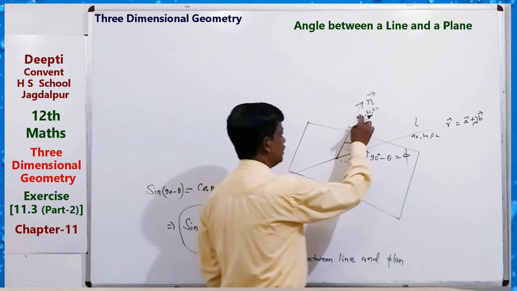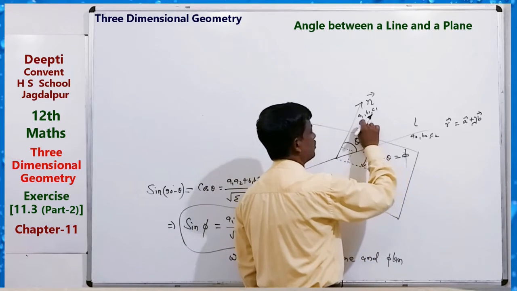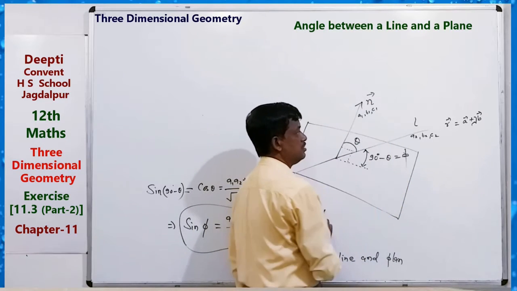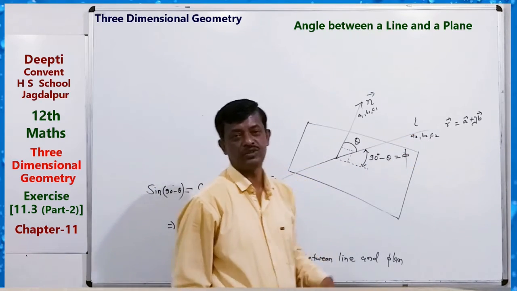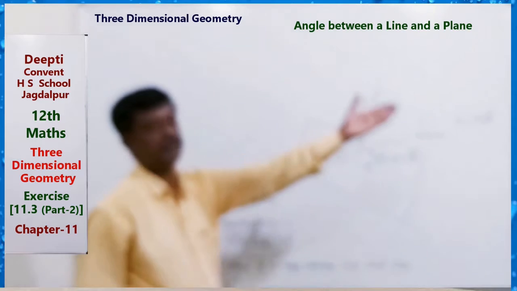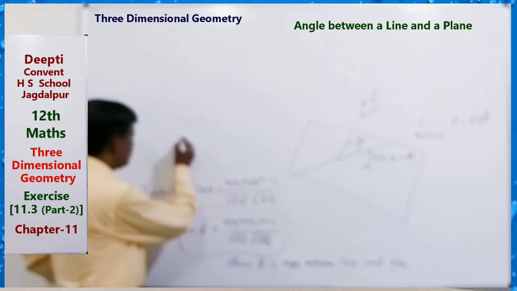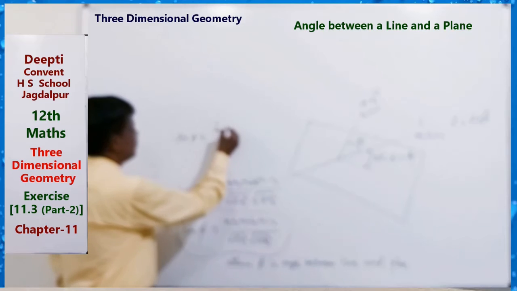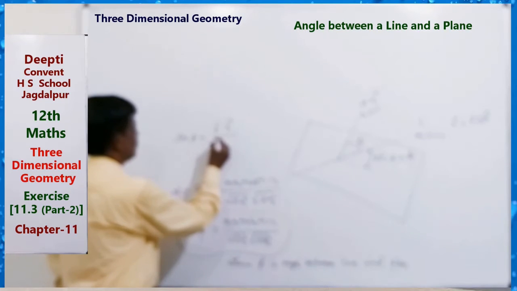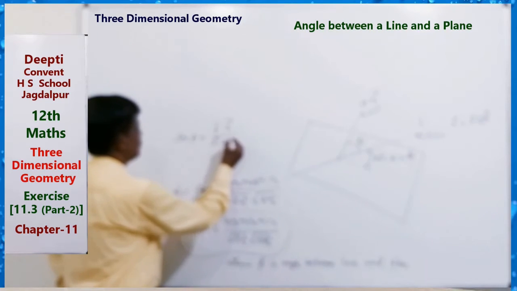Then it is parallel to vector b. So the angle between n and b can be written like this also: sin phi equals modulus of vector b dot vector n upon modulus of b modulus of n.